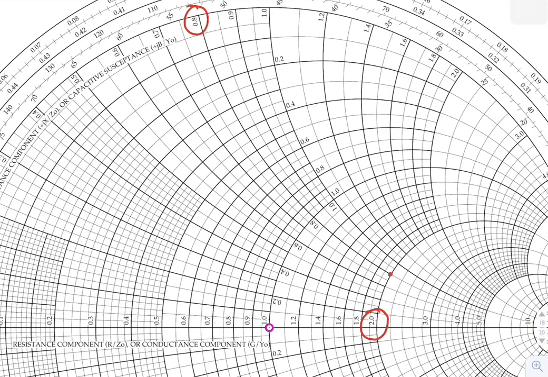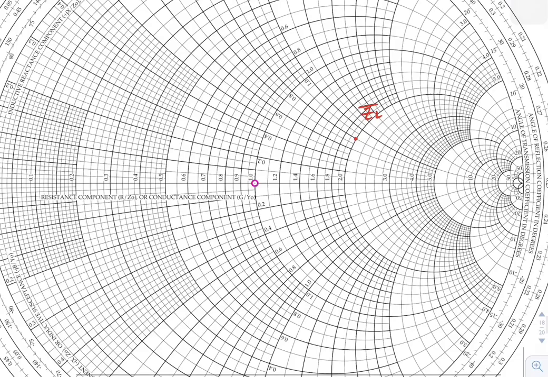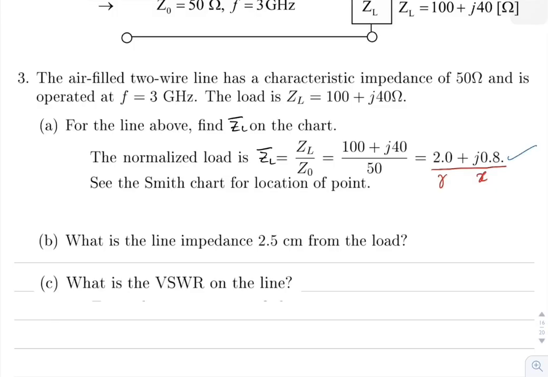Let us call this point P, that is our normalized load ZL dash. The next step is to draw a reflection coefficient circle. So this is the gamma circle. This is completed.